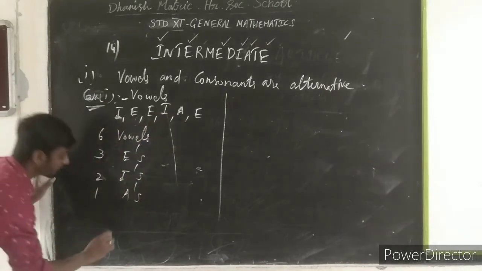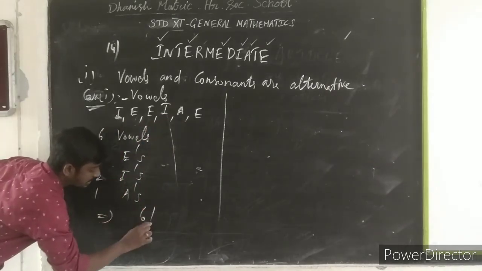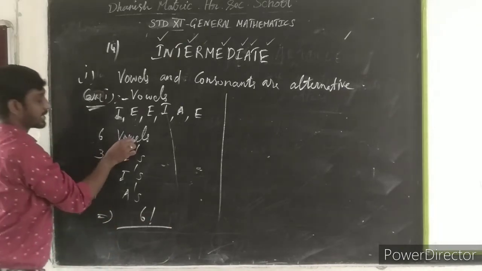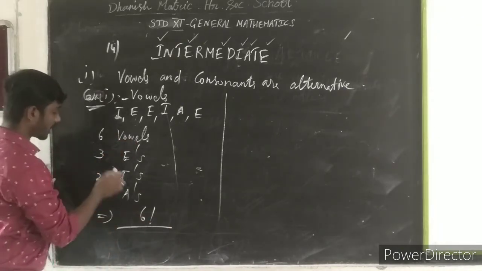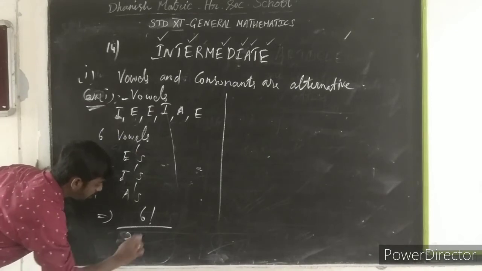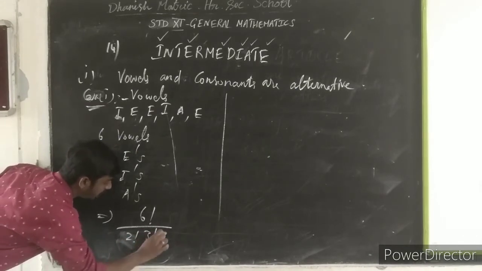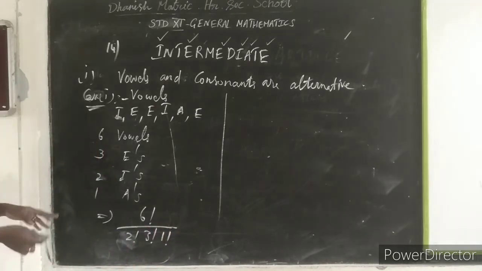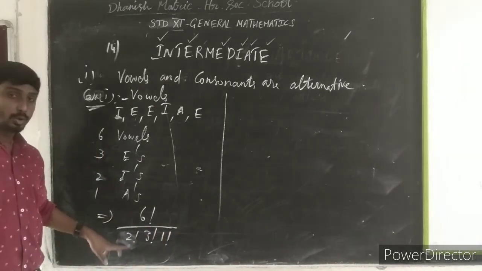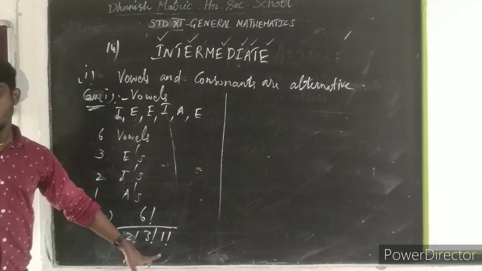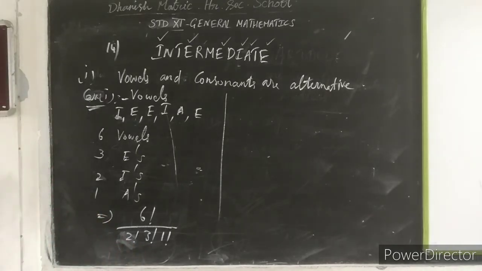So now write like this: the total number of vowels arrangement will be 6 factorial divided by 2 factorial, 3 factorial, 1 factorial.